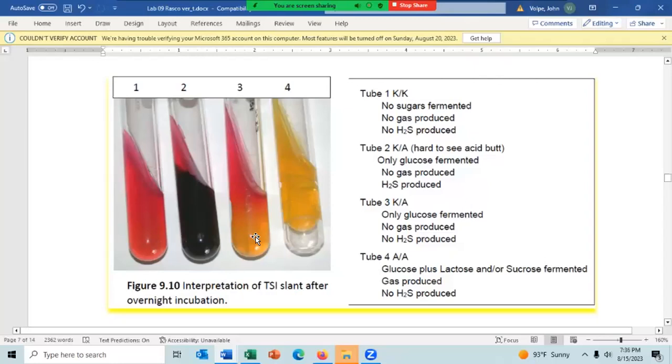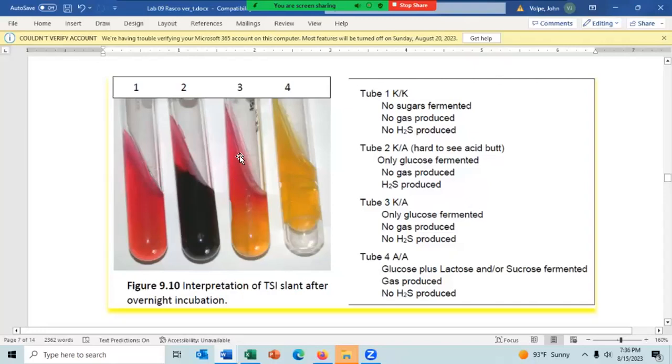If there was lactose or sucrose fermented, the slant would be yellow because that sugar is at 10 times the concentration of glucose. Glucose has been totally used up on the slant because the bacteria grow faster aerobically than they do anaerobically in the butt. So all of the glucose got used up.